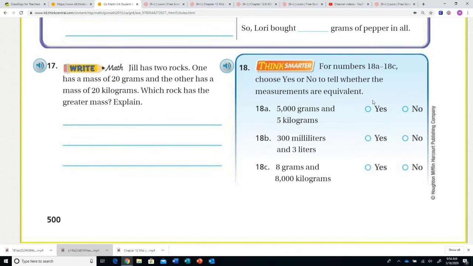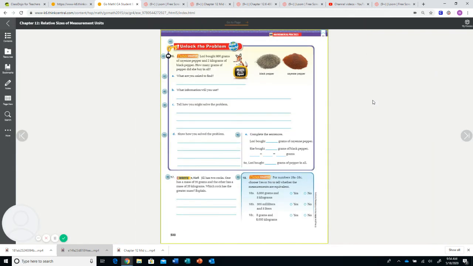That's not going to cut it, because it takes 1,000 milliliters to make a liter, so 300 milliliters is not enough. 300 milliliters is actually not even a whole small water bottle. 8 grams to 8,000 kilograms: I will leave that one up to you to decide, and just use your conversion factors for this problem.